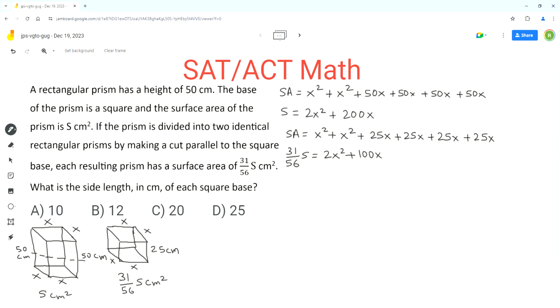Now we have to find the value of x. For that, we need an equation with just x in it. So we can use the substitution method to get the x equation, and for that, we can do the substitution for S in the second equation.